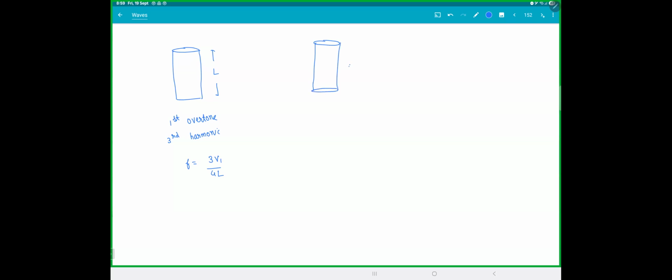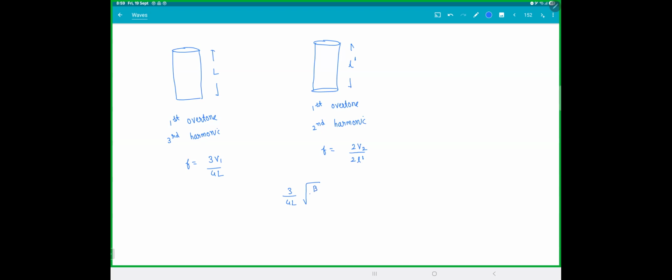Second thing is the open pipe. Let's call its length L dash. This will be 2V2 by 2L dash. The frequency is the same.